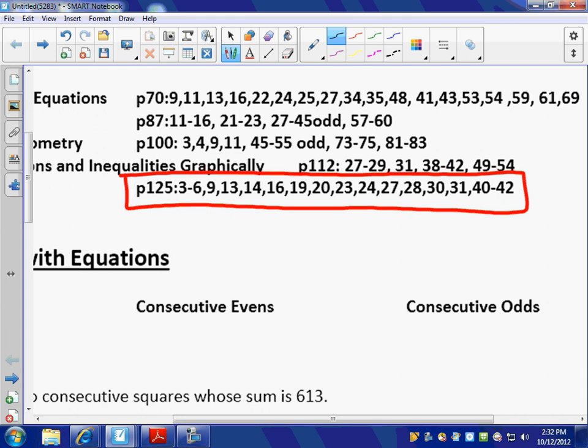It looks like a lot, but trust me, it's not that much. Some people had it done first hour already. So you have 18 minutes, and you're going to get a lot of it done. When some of it says to find the slope, realize those problems are going to take you 30 seconds. So you're going to make a lot of headway here in just a short time.